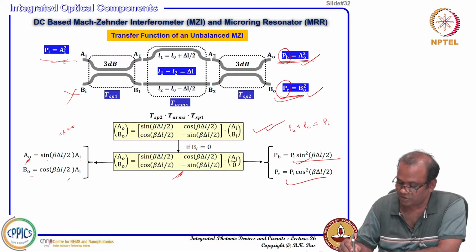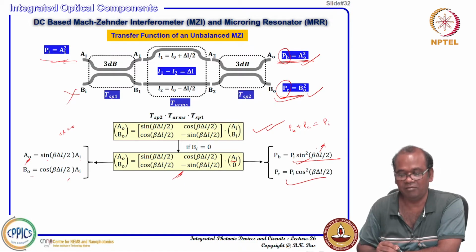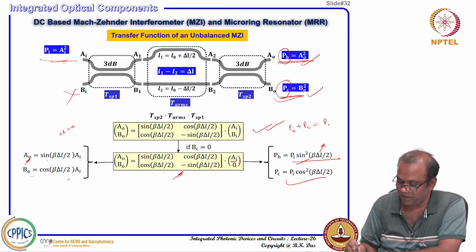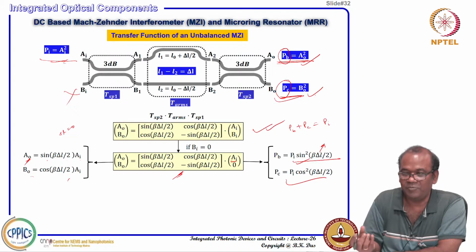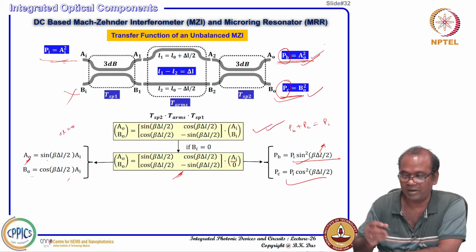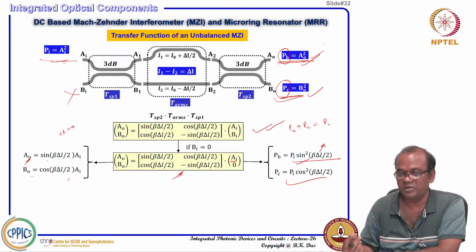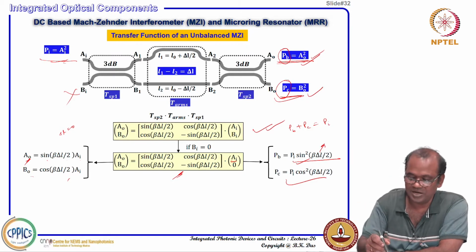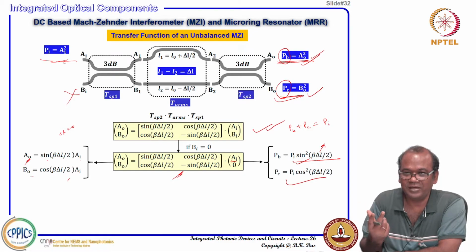That means if you change this delta L, if you can tune the delta L value, then depending on the delta L, one arm will keep on increasing in power as a sine function. When the bar port is maximum, the cross port you will be getting 0 at that time, and when you are getting the cross port maximum, the bar port you will be getting 0. So, this delta L actually gives us flexibility.